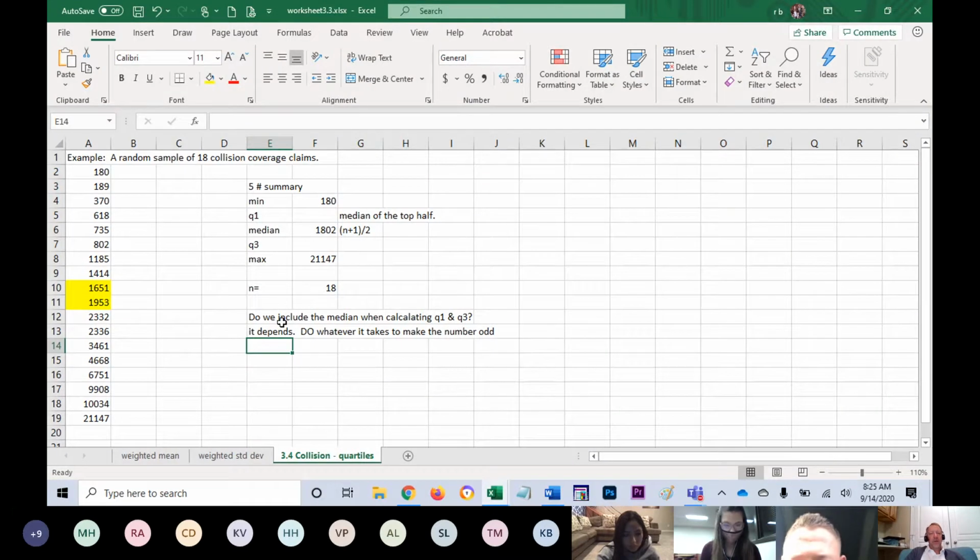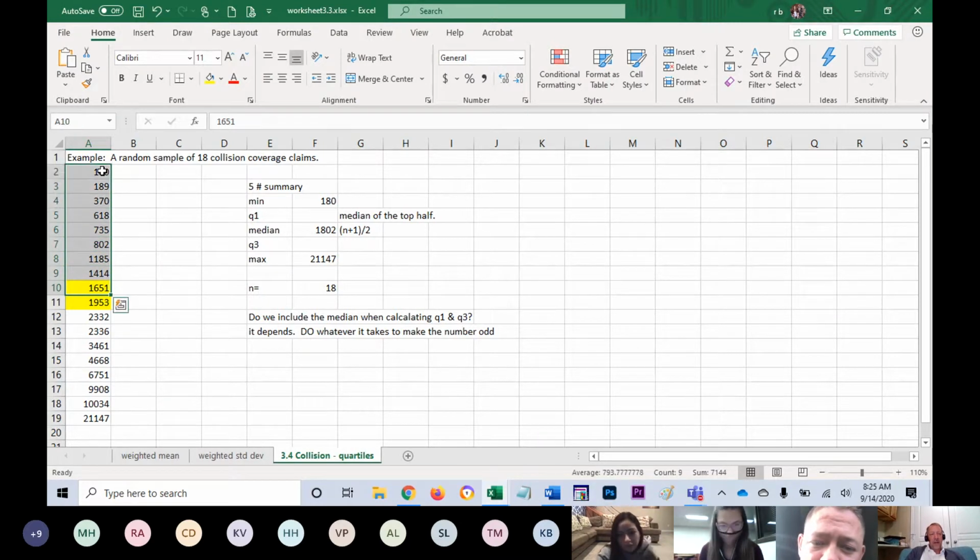So the nice thing is I just want to make this odd. If I take 1, 2, 3, 4, 5, 6, 7, 8, and include that one, now I've got an odd number, 9. 9 plus 1 is 10, 10 divided by 2 is 5.